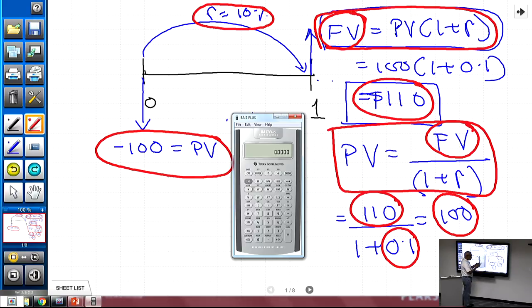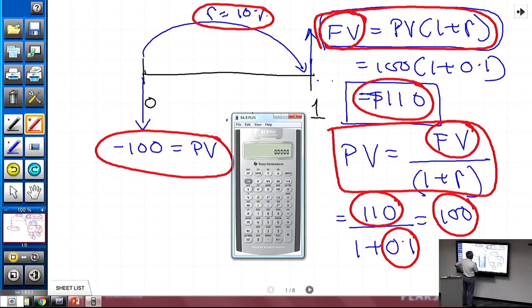Whatever has been previously calculated in the calculator, it clears it, because the calculator has an internal memory where it stores all previously calculated values. So we need to clear everything out every time we start a new problem. So this step of second CLR WORK and second CLR TVM, you need to do every time you prime the calculator, every time you work a new problem.